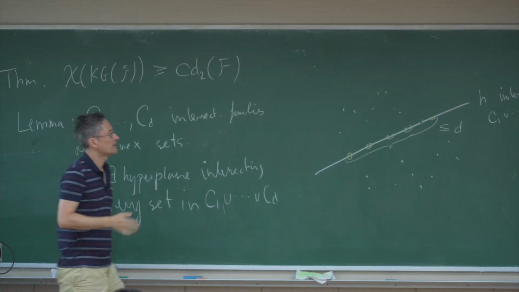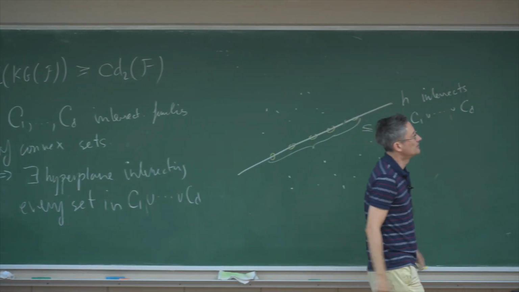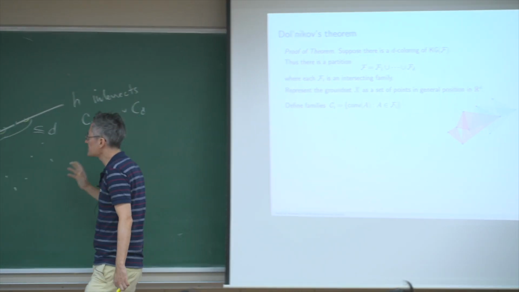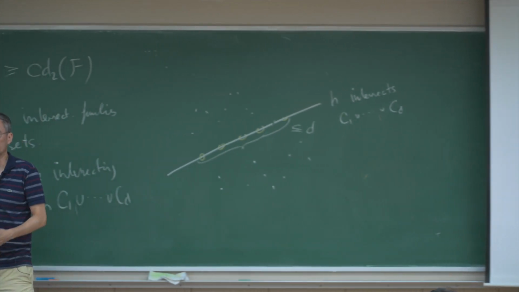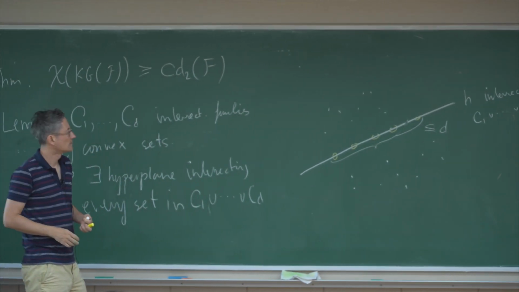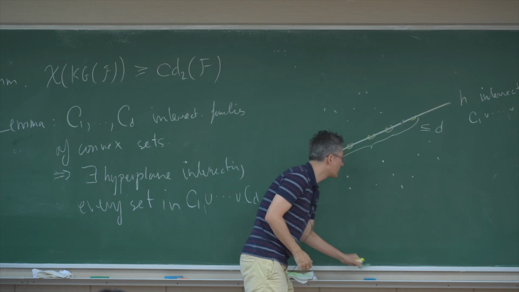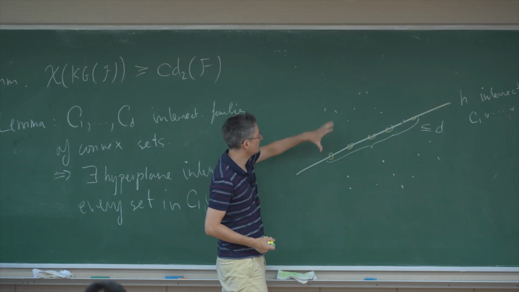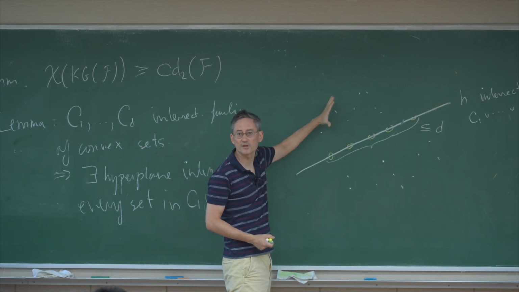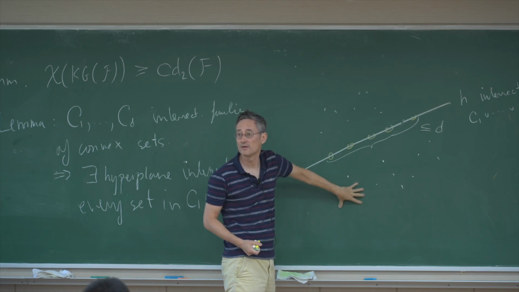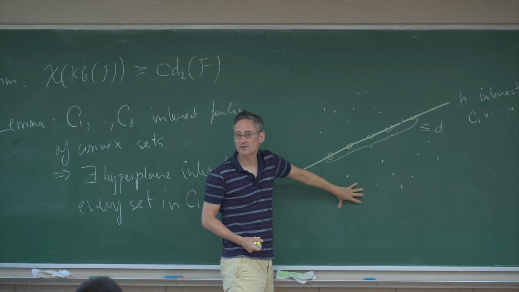Now let's look at the remaining convex sets. Where are they living? If I delete these points, the remaining convex sets have vertices from here or vertices from here. But actually, that's not quite precise.